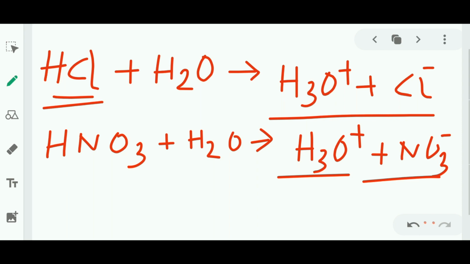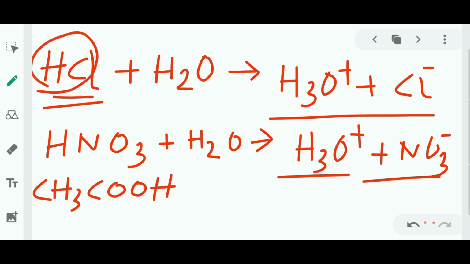Another example we can say is CH3COOH. HCl and HNO3 are inorganic acids, but CH3COOH is an organic acid. Why is it an organic acid? Because here carbon atoms are present. When CH3COOH dissolves into water in aqueous solution, it forms two ions.